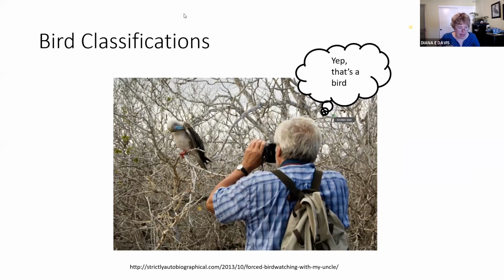So last time we defined a bird and we talked about all of these terms like endothermic and tetrapod that are used to describe what a bird is. We're going to talk briefly about how birds are organized or classified, and then we're going to start discussion of anatomy.